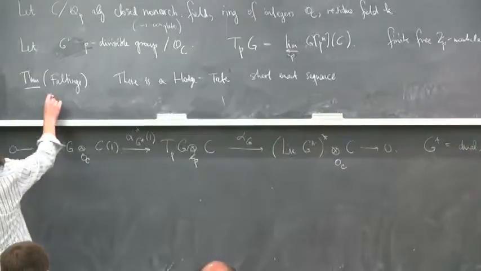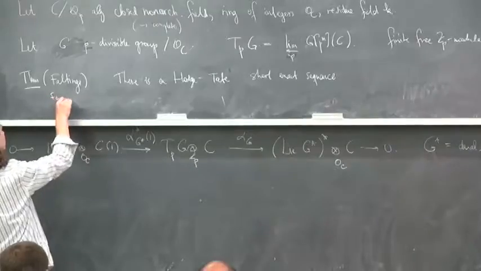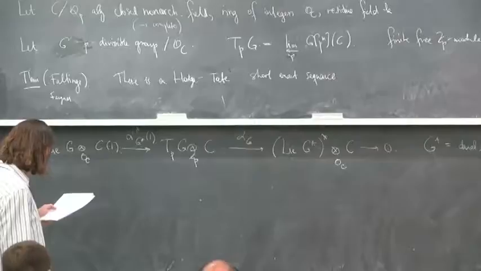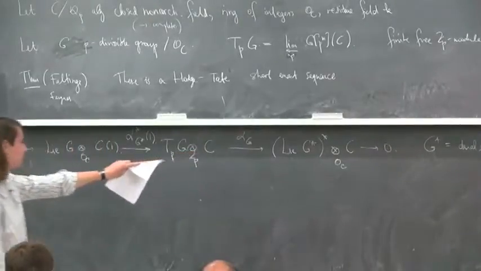And I guess Fargues gave a more detailed version of this result. And so actually, this map alpha G here is very easy to define.